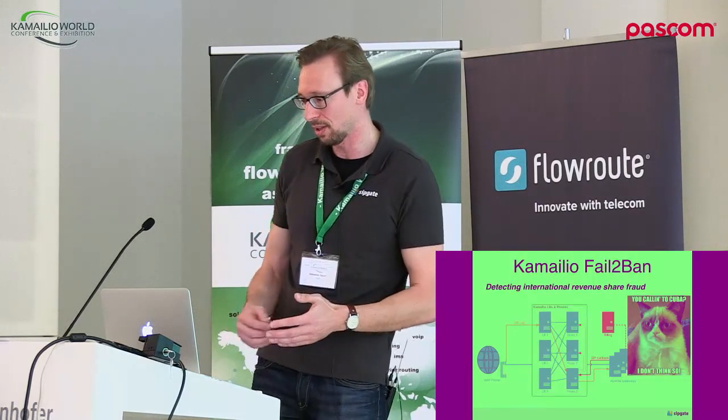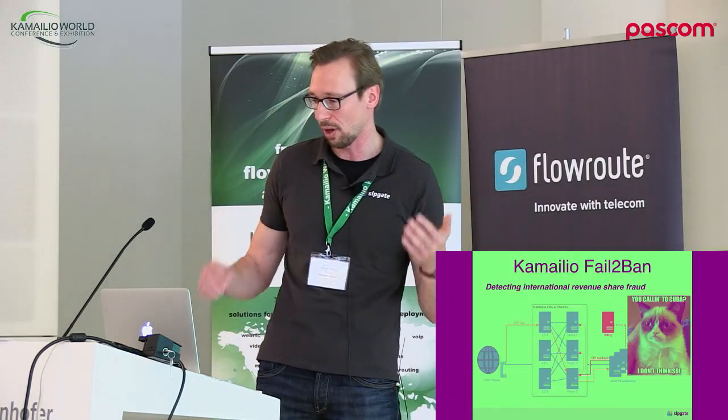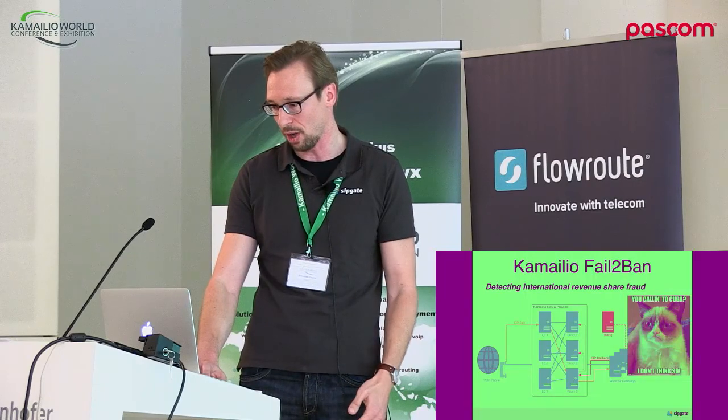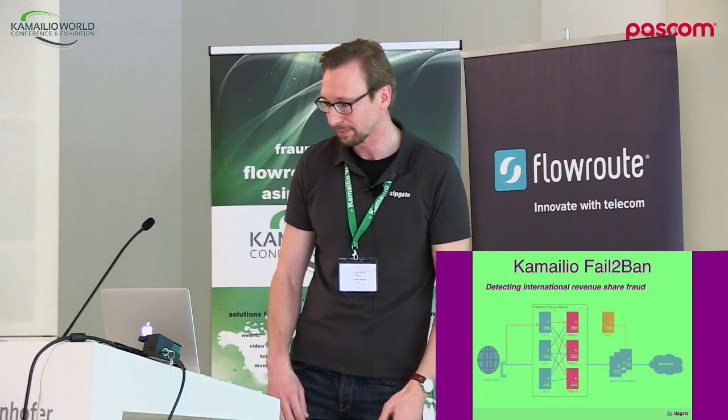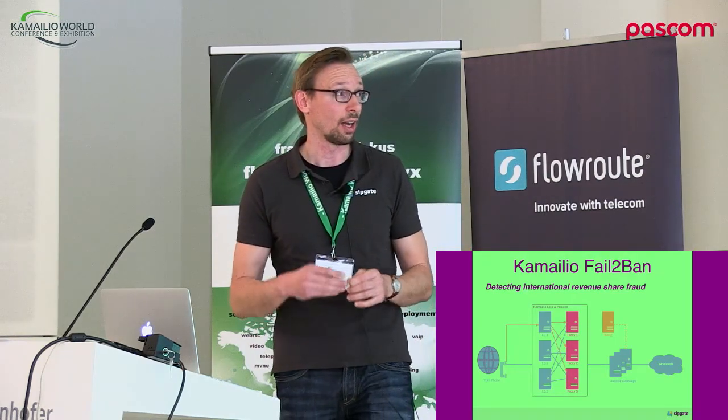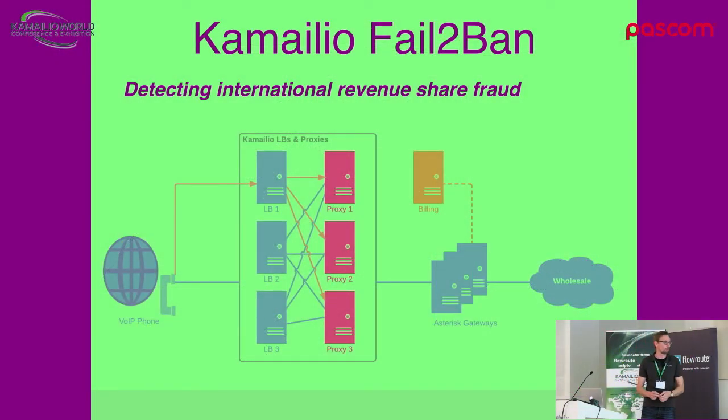Now, eventually, the fraudster will have placed 20 calls that were blocked by our billing system, and now the IP address is blocked on all of the proxy servers. And as I said, it's not only for this single customer; it's for all of the customers that are using our service right now.